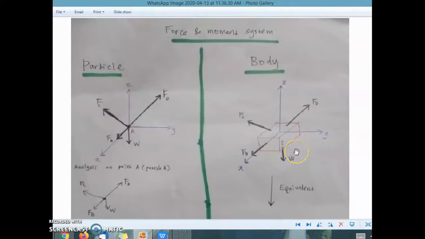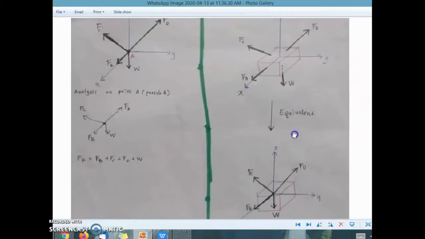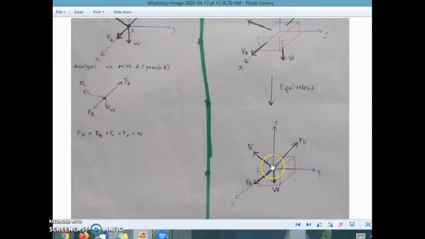Okay, so we can do the equivalent system. We can make this system equivalent to this one. So it is like the external force exerted on the body also acts internally. The effect of the external force is internally the same.